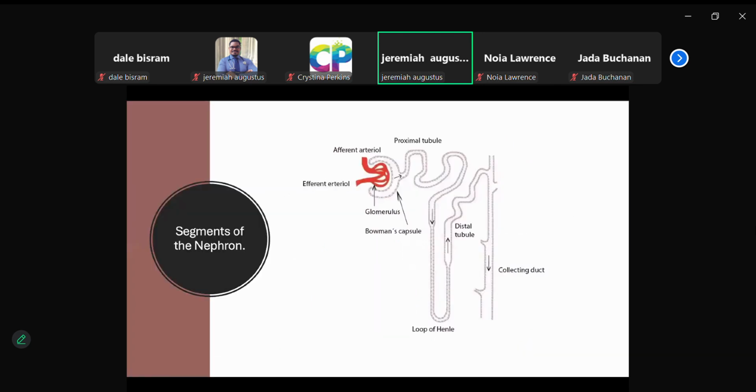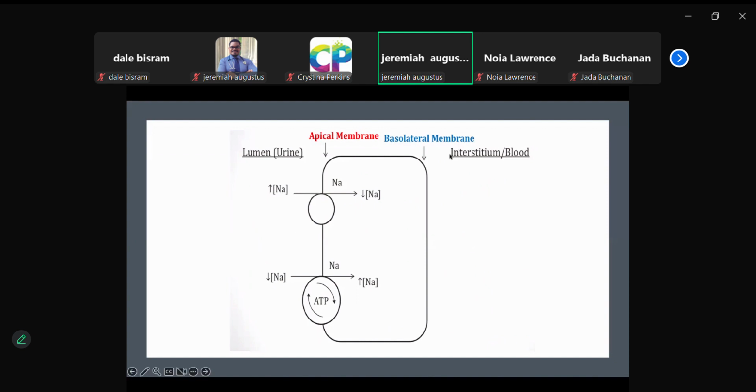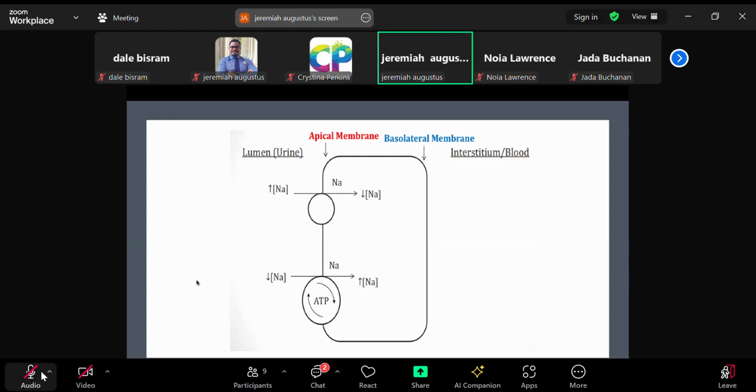Oh, you didn't see that part. I'm going back to that slide. Did everybody online understand the difference between basolateral and apical membrane? Okay, so this is the apical side.